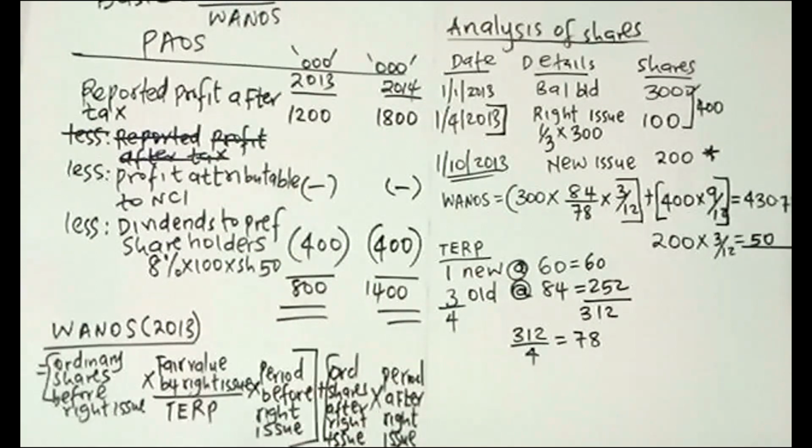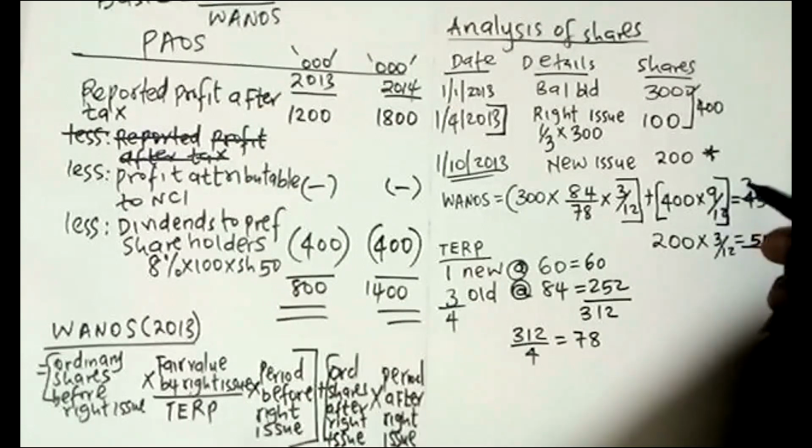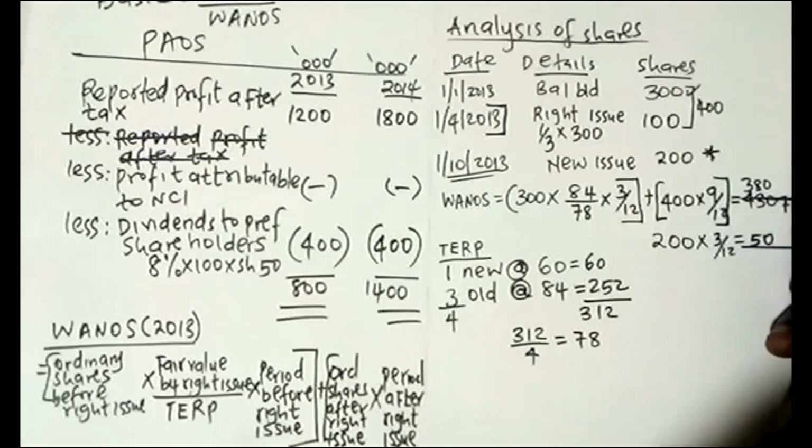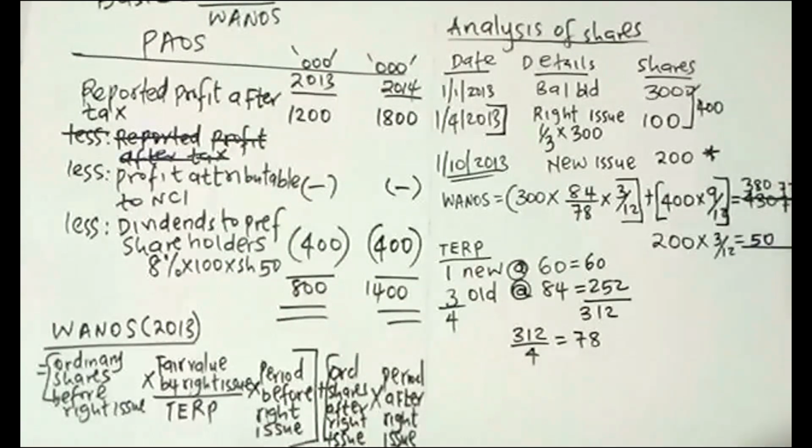So if you add with 50, it's supposed to be 380 before plus 50. So this is 380.77. Then when you add 50 is when you get now the 430.